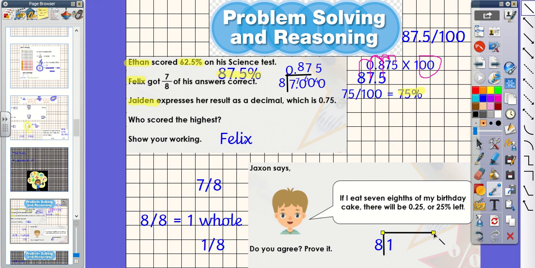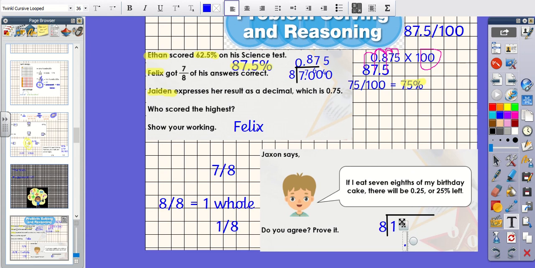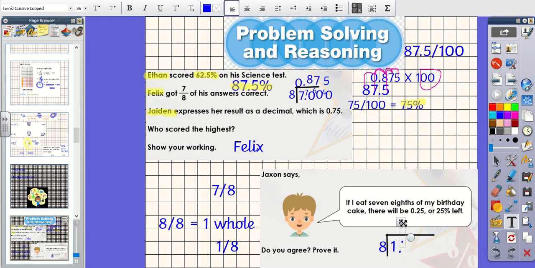Okay, I'm going to put in the decimal point straight away, so we don't get confused. There we go. I know for a start it's going to be 0 because 8 doesn't go into 1. So I need to carry my small 1 across to that 0.